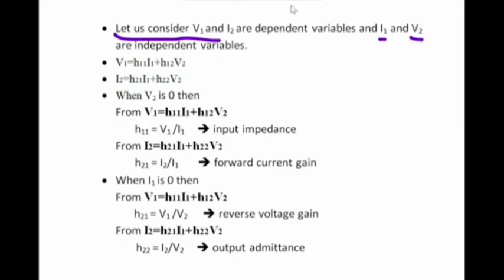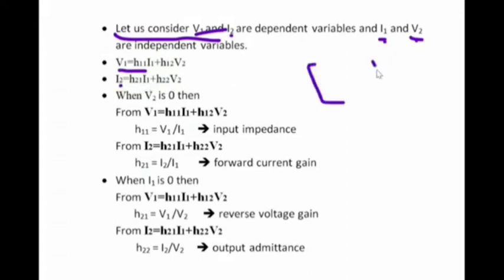So if we frame an equation for V1 and I2 depending on I1 and V2, then we can write V1 is equal to H11 into I1 plus H12 into V2, and this is about input voltage, and about output current, I2 is equal to H21 into I1 plus H22 into V2.